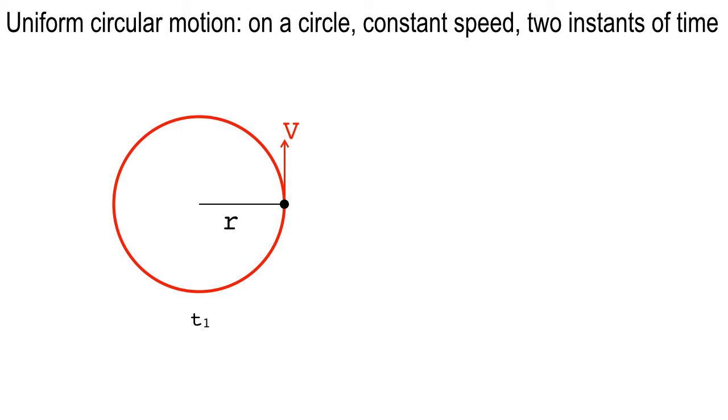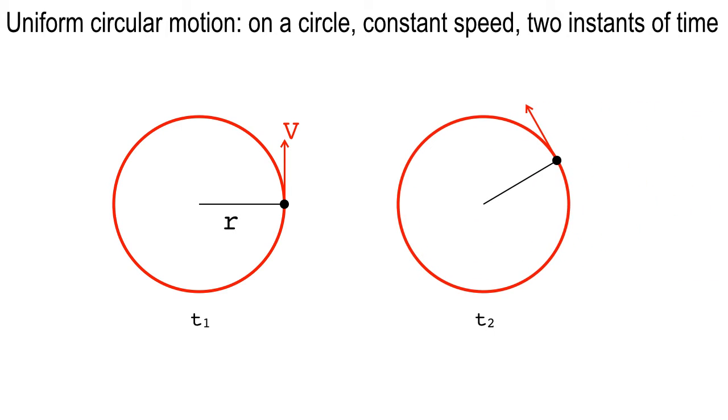Now a little bit later, let's say that we take another snapshot and you're about 30 degrees up the track. So now you're at about 2 o'clock. Position-wise, your black position vector on this second circle on the right side of the screen is now tilted up towards the 2 o'clock position.